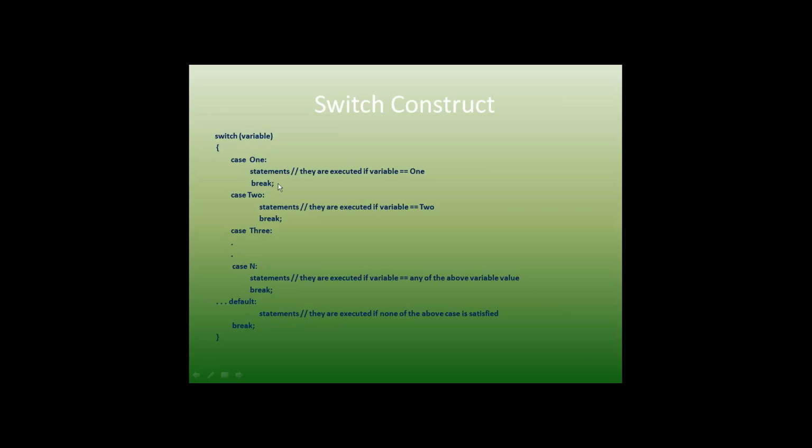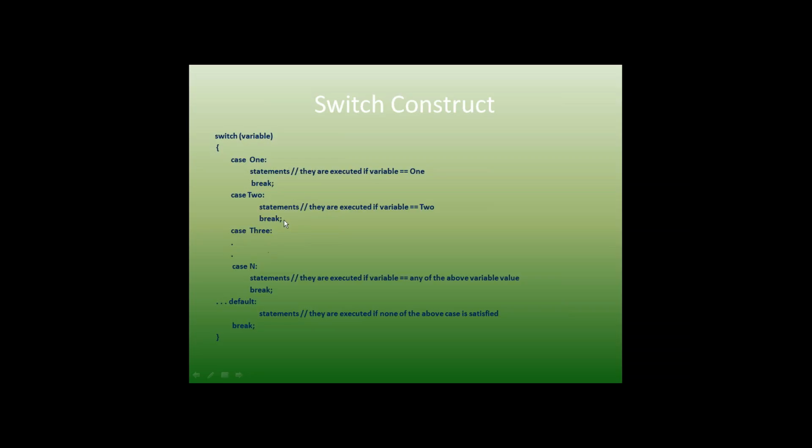Now, why is this break here? If the value of the variable is, let's say, 2, then it will go into this case and evaluate the value. It's not 2, so it's not going in here. But if the value of the variable is 2, it will go here. If we don't put this break, it is going to evaluate the next case and execute that statement too.